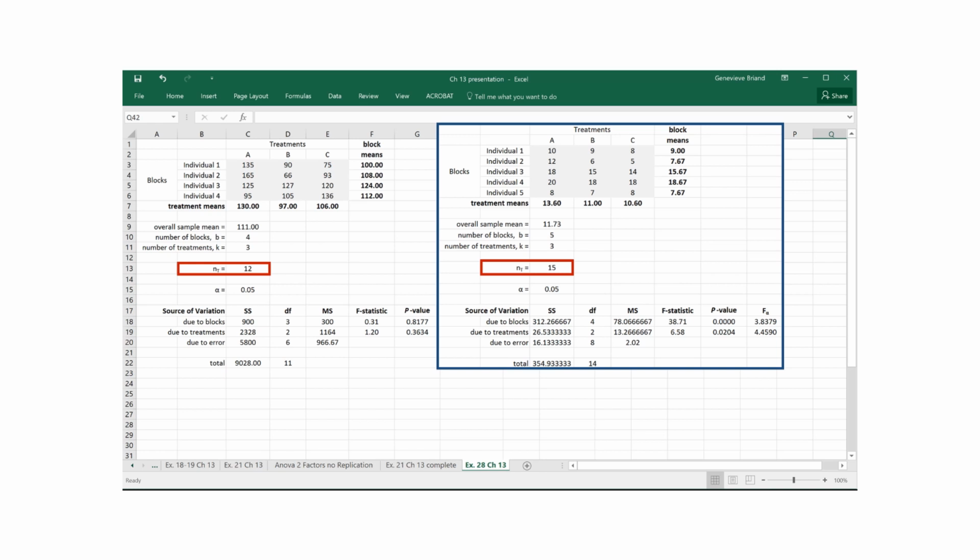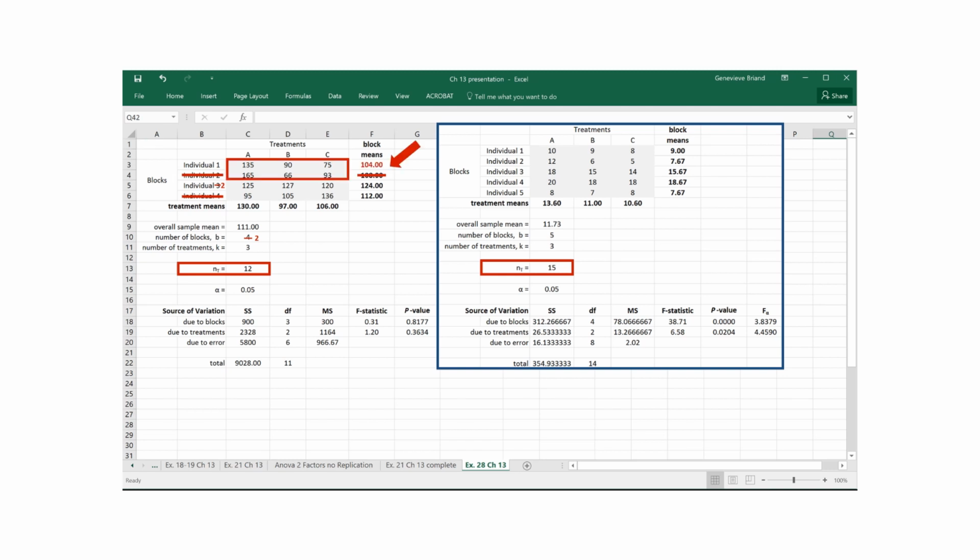Compared to exercise 21, we have a total number of observations equal to 12 as opposed to 15. Most importantly, instead of having 4 different individuals, each working with all 3 assembly methods, we have only 2 different individuals, each working with all 3 assembly methods, but each over 2 different weeks.